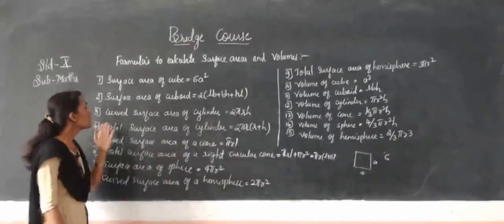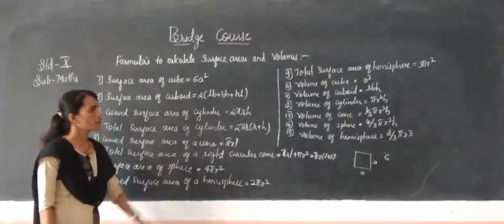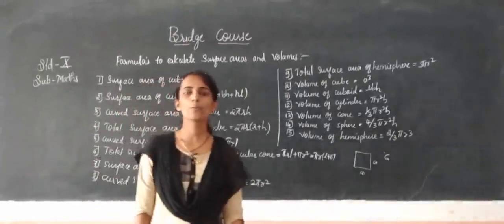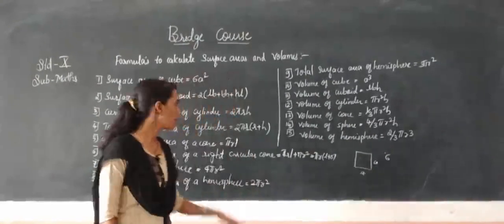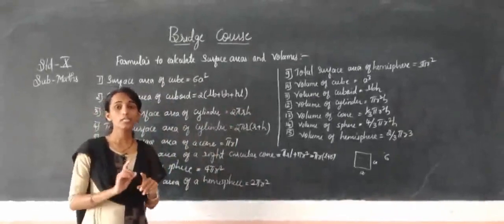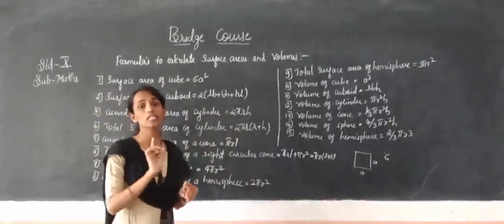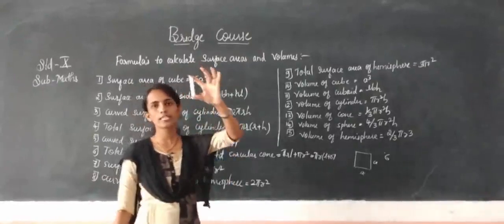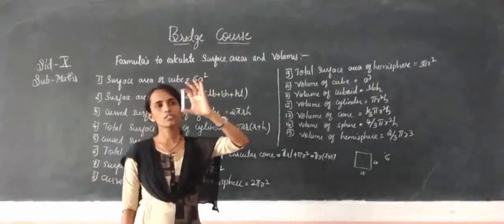Next is the curved surface area of the cylinder. The curved surface area of the cylinder is 2 pi r h. That is not the total surface area, it is the curved surface area. For example, this chalk is in the form of a cylinder.